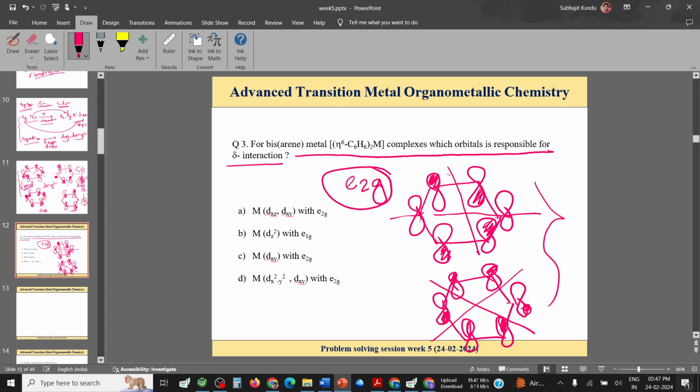These sets of orbital are responsible for the delta type of interaction with the metal orbital, as I already discussed, that is dx square minus y square and dxy, which are responsible for this delta kind of interaction.